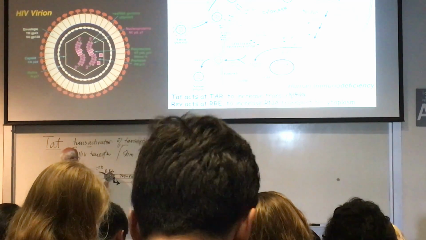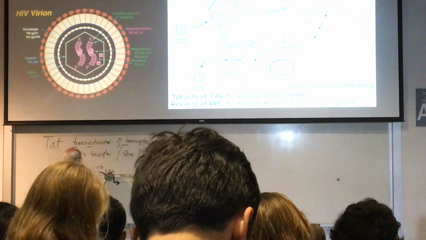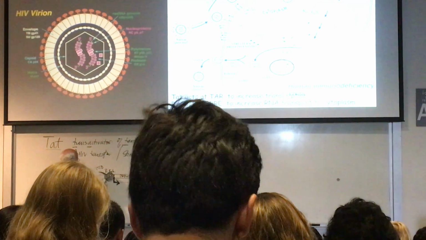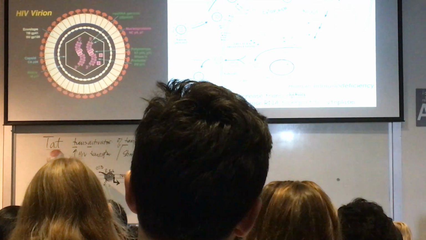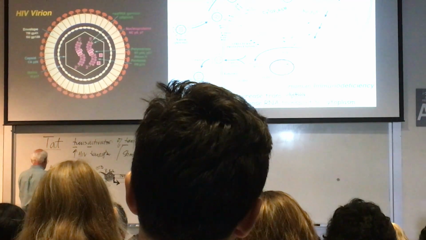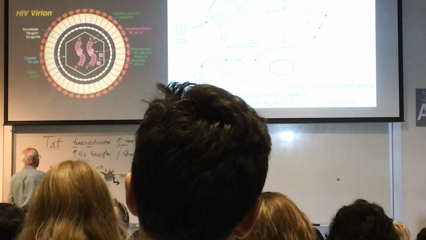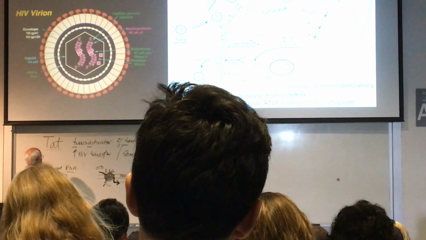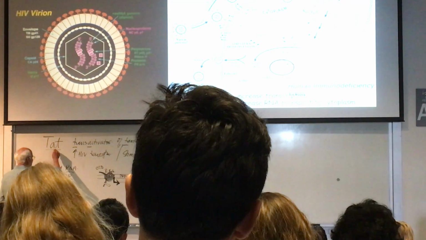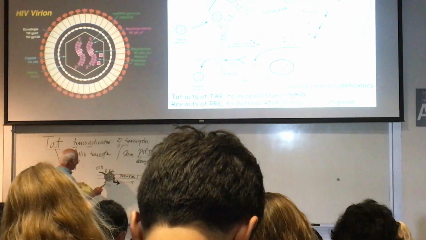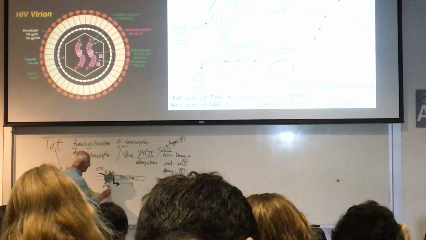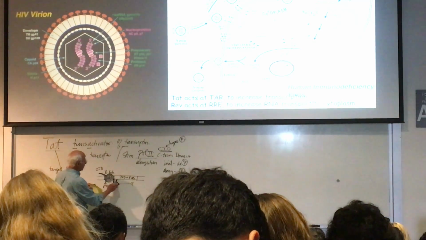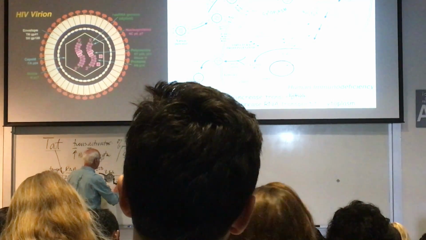and as we make some RNA, that RNA has a sequence that's called TAR. So the target RNA, the sequence is TAR. So TAT is going to bind to TAR. So this would be the TAR sequence as we begin to transcribe the gene.